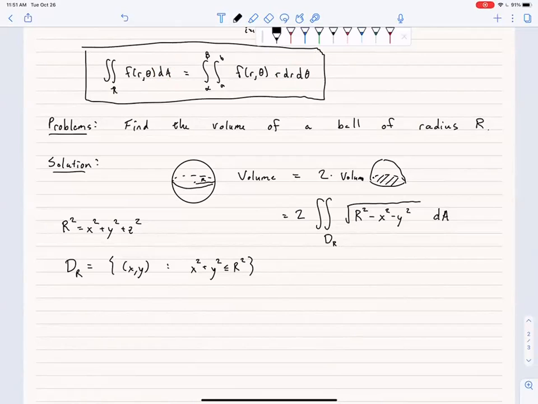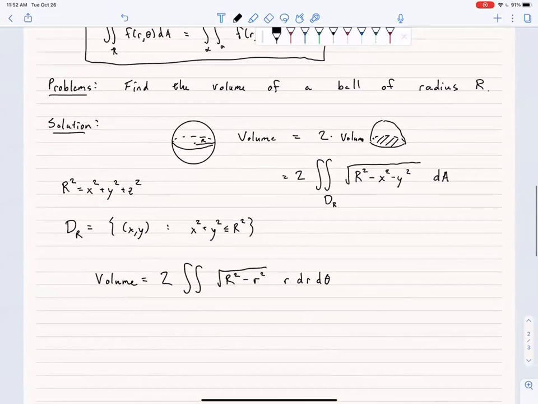So let's do that. I'll just write it down here. I need that factor of 2 that I'm going to keep in mind. And I'm going to now integrate over my polar rectangle. We get the square root of capital R squared minus lowercase r squared, that's x squared plus y squared, times r dr. And what are my bounds for r?